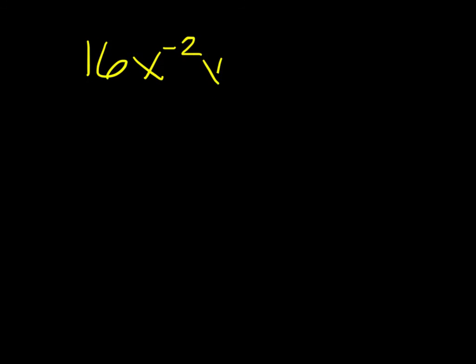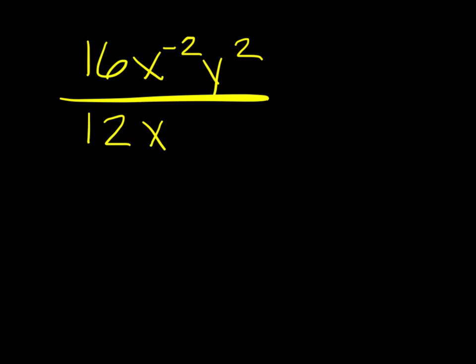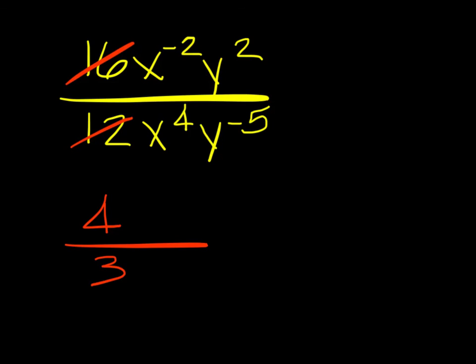16x to the negative 2, y to the second, over 12x to the fourth, y to the negative fifth. Solution for the practice problem is to cancel 16 over 12 into 4 over 3. Now you're going to have an x to the negative 2 that's going to go to the bottom and join the x to the fourth.